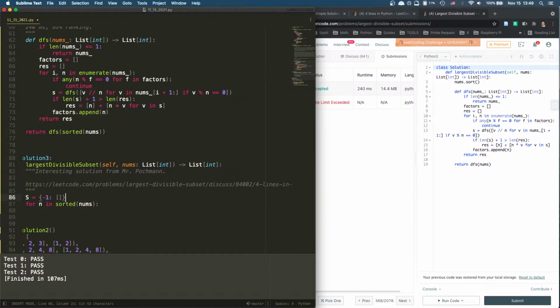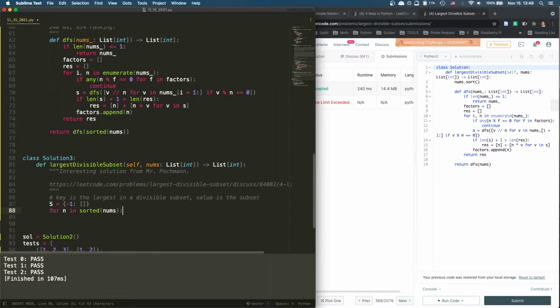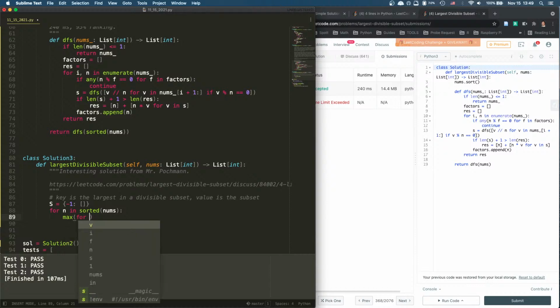So for n in nums, we need to check the maximum of s, right? So when I say for d in s, if d divisible by n, then I will say sd, so that's a valid subset.